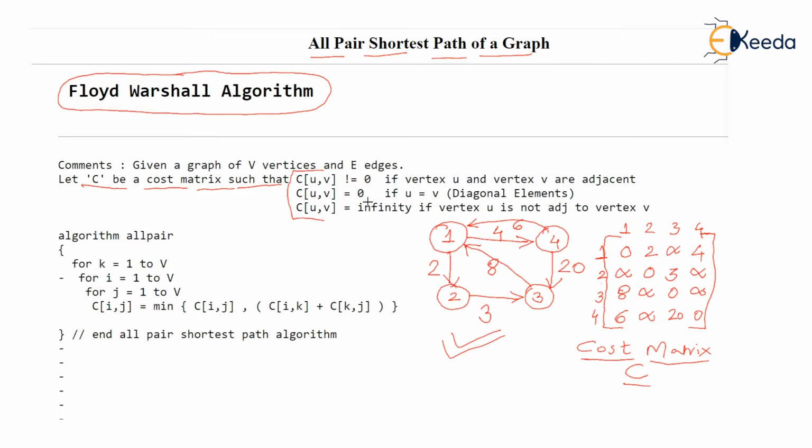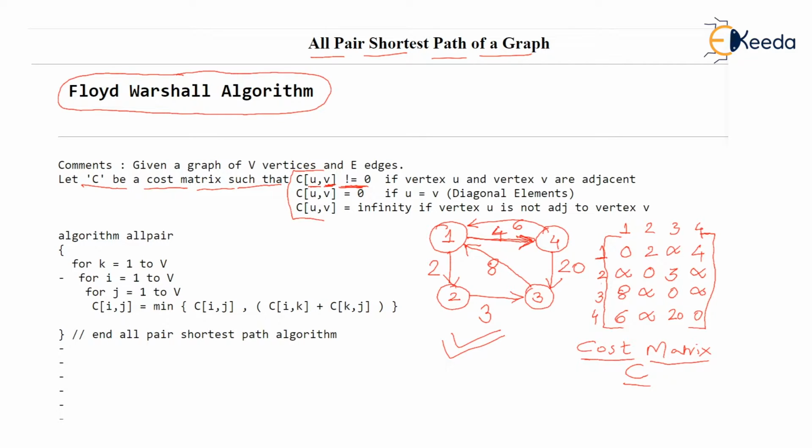Now the rules are that if two vertices U and V, imagine U and V are two vertices, if they are adjacent, I mean there is an edge from U to V, then U row and V column, that is CUV, will not be equal to 0, and we will store the weight of that edge in that particular element. As an example, you just check that there is an edge from 1 to 4. 1 to 4, there is an edge with a weight of 4.